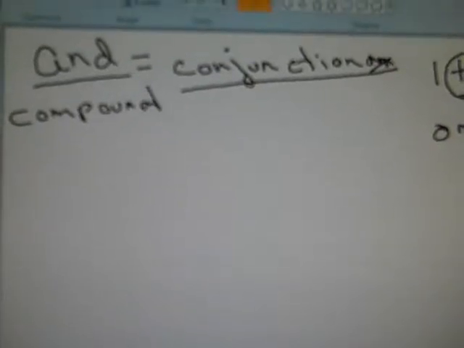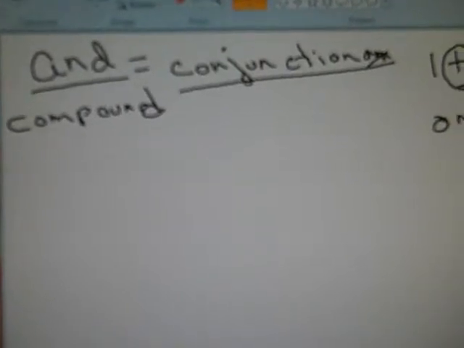So we use that in grammar to do what is called compounding. Compound. And I think of it as pounding two subjects or two objects or two verbs into one unit, because that's the function.